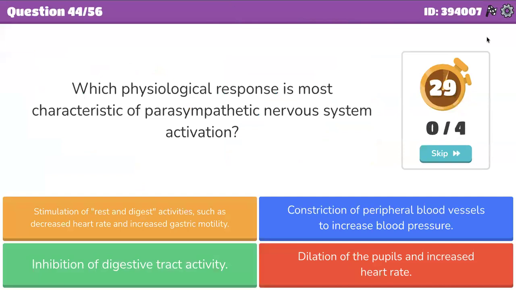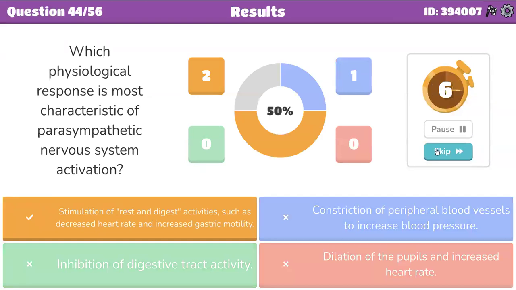Which physiological response is most characteristic of parasympathetic nervous system activation? Rest and digest.